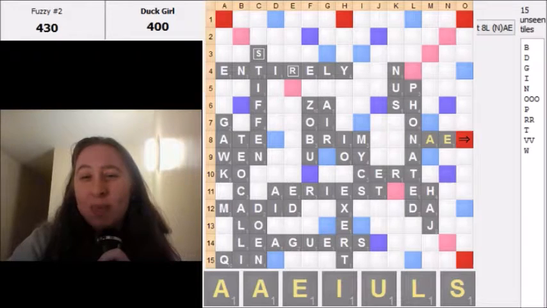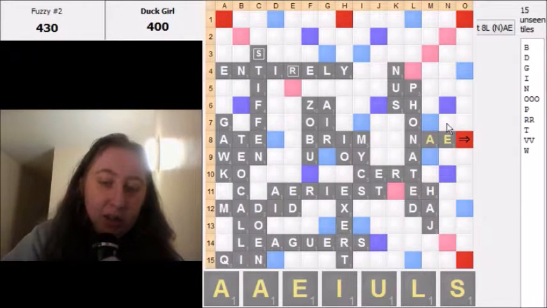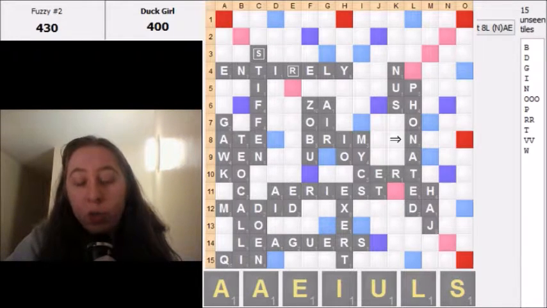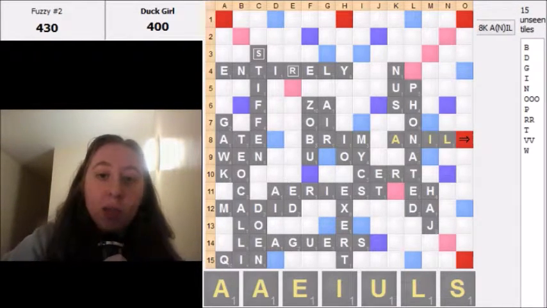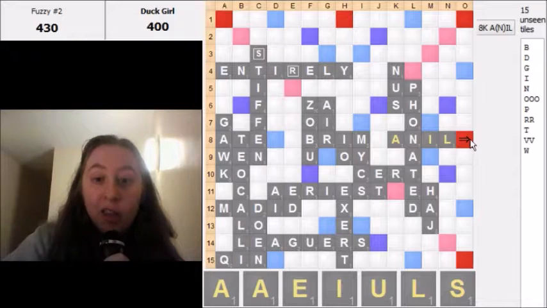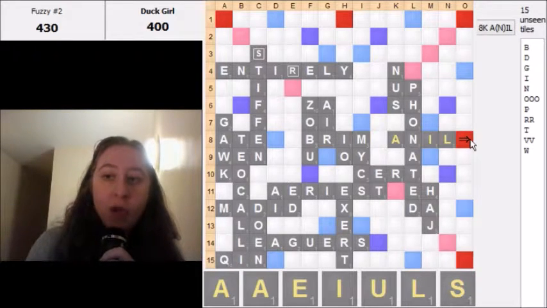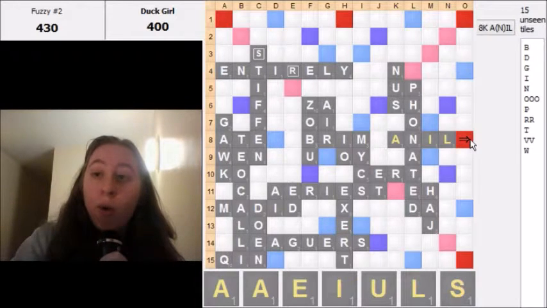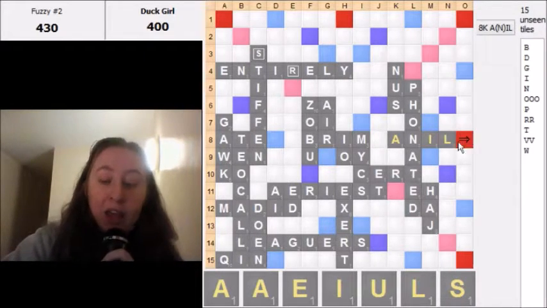Now, of course, setups don't normally only use your S. Setups can also be used for other tiles as well. So, for example, a play like Anil not only sets up your S, but it also sets up your E. So in the event that maybe you draw, say, the W or the V, maximizing those tiles may come best by putting the E here.